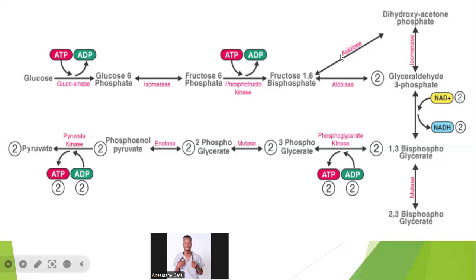So the first major step is ending here, and we have fructose 1,6-bisphosphate. This is a molecule that cannot go back, and this molecule is not stable. So it can then undergo the reactions of the second step.